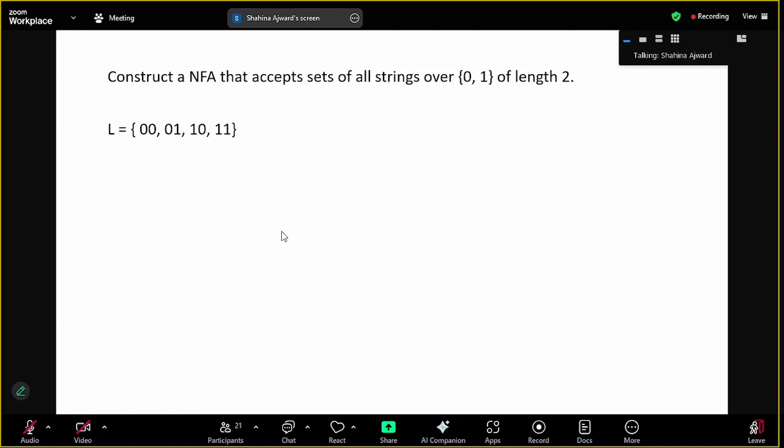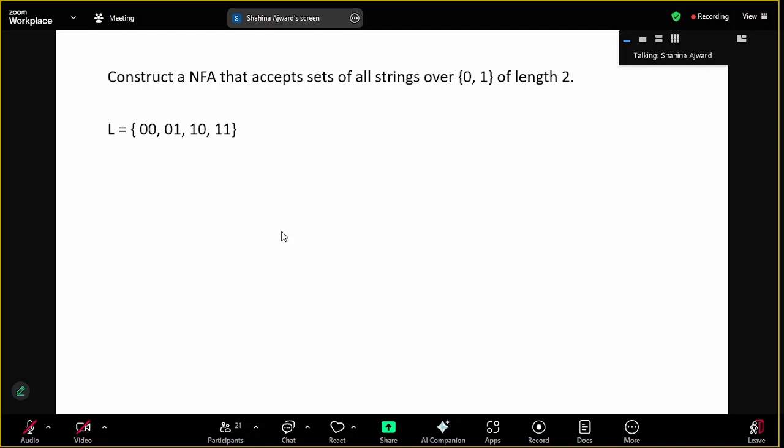So each string has a length of 2. If you have strings of length 1, a state machine will have a minimum of 2 states, because we have to have a start state and a final state.